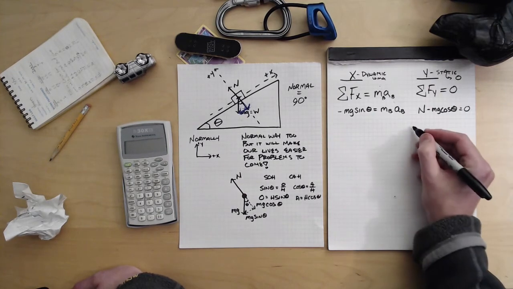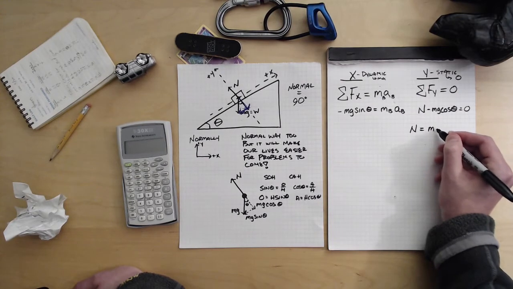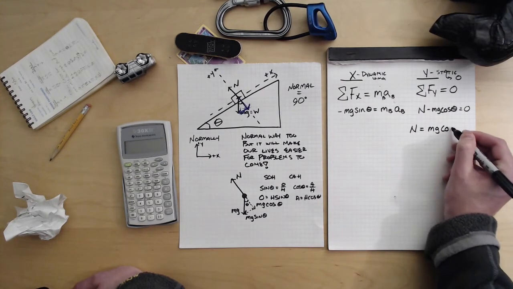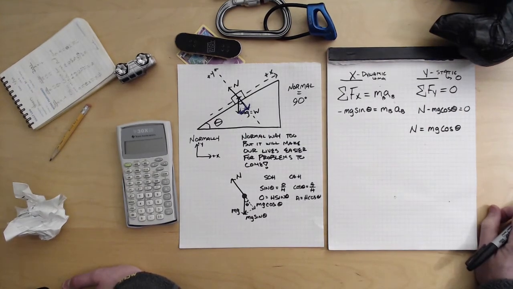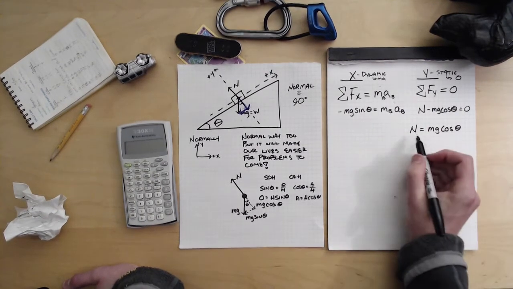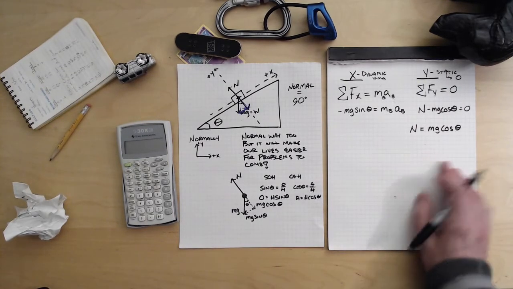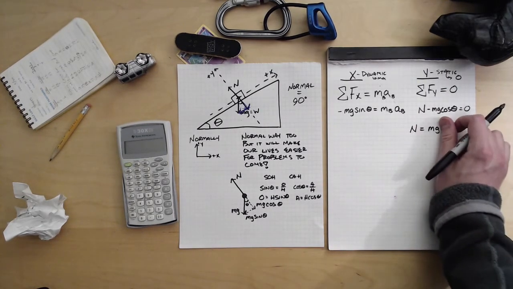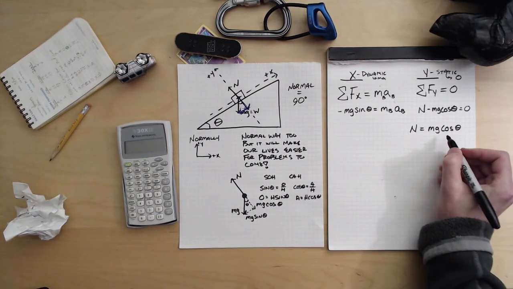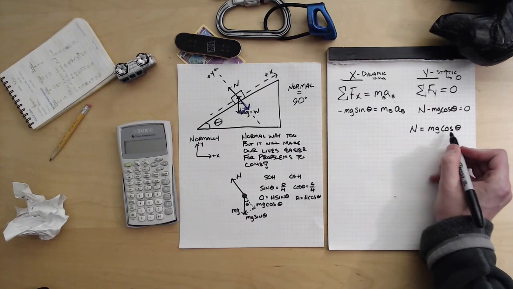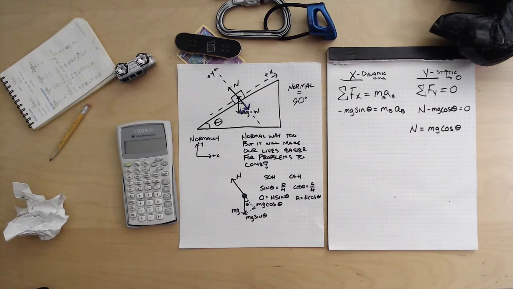Now if we eliminate this 0, we get an equation that looks like N is equal to mg cosine theta. Okay, so now remember before when we had something sitting on a flat surface that the normal force was just mg. But now since we're on an incline, the normal force is less because it's just a component, just the y component of the weight.